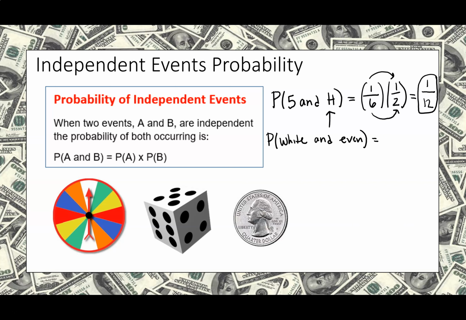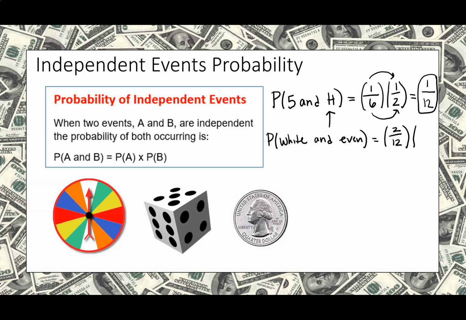There's 2 out of 1, 2, 3, 4, 5, 6, 7, 8, 9, 10, 11, 12. So that's a probability of 2 over 12. And of course, what you spin on this spinner in no way impacts what you're going to roll on your die.